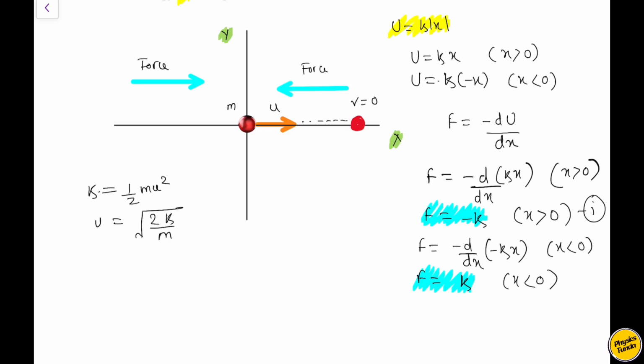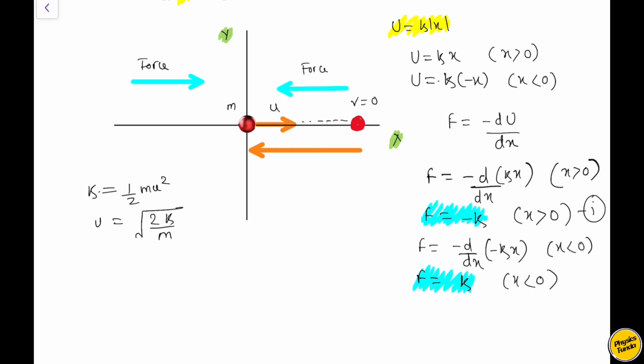Now, when the particle has a velocity of 0, my force is still acting towards left. So my force will start dominating, and because of this force, the particle will again start moving towards left, right? So finally, after coming to rest, the particle will again move towards the origin like this, right?